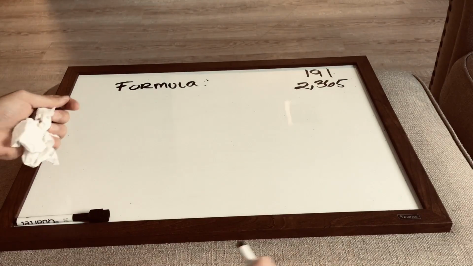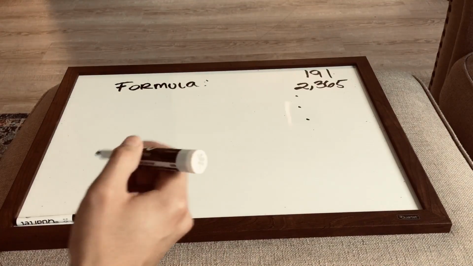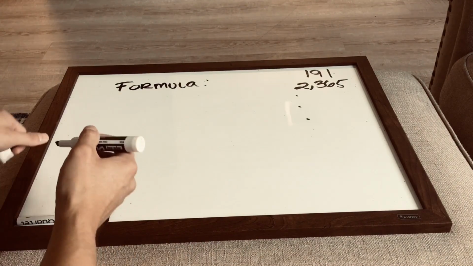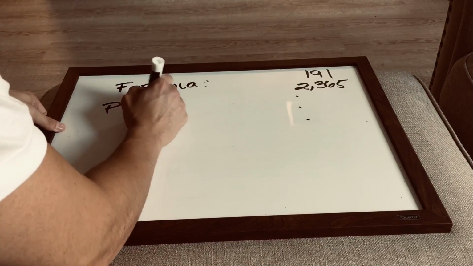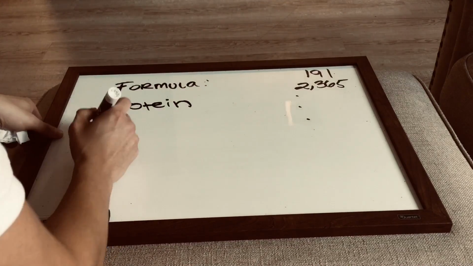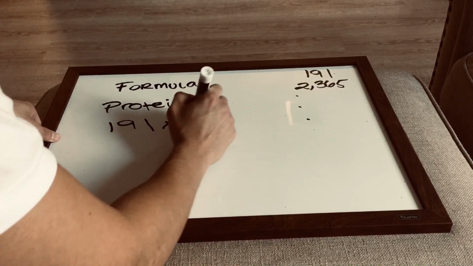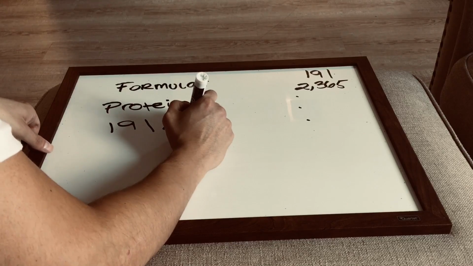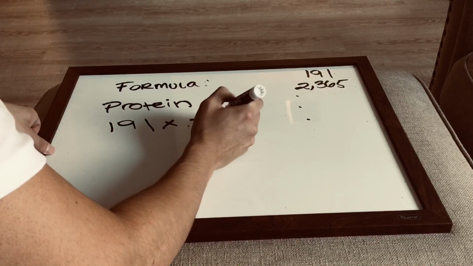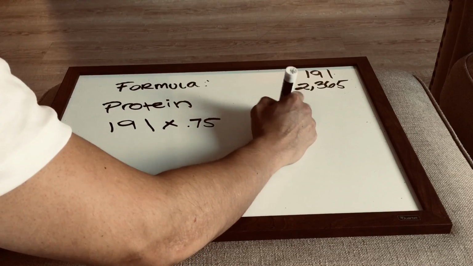So now what we've got to do is find our macronutrients to see what these calories are going to consist of. So to find your protein, it's pretty simple. You're going to multiply your body weight times either 0.75 or 1.25.